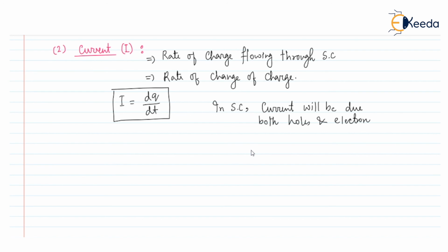So we can say that in a semiconductor the current I is a bipolar current, because the current is due to both electrons, negative charge, and holes, positive charge. That's why the current inside the semiconductor is called the bipolar current.